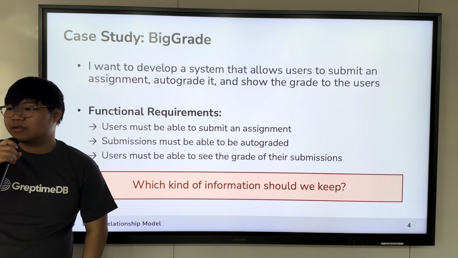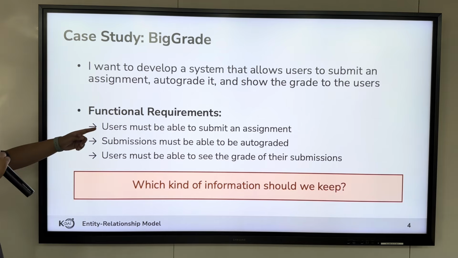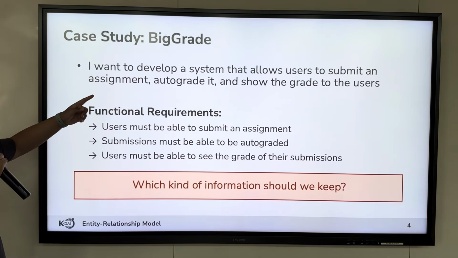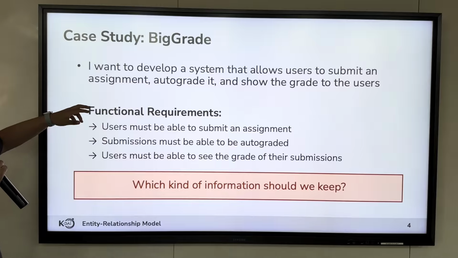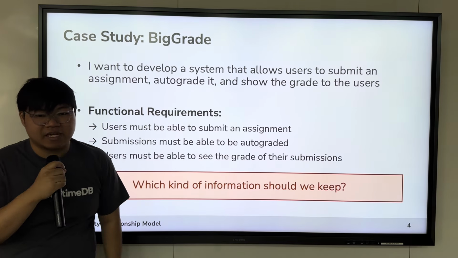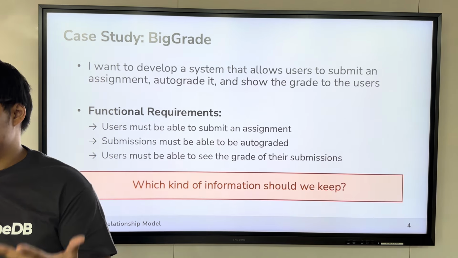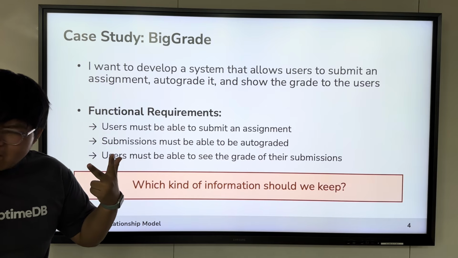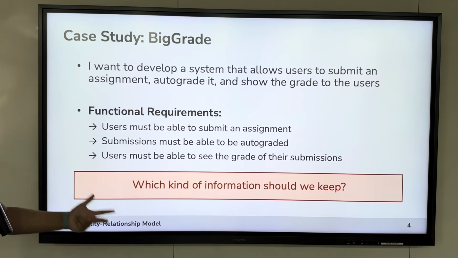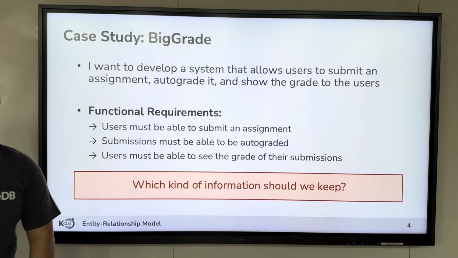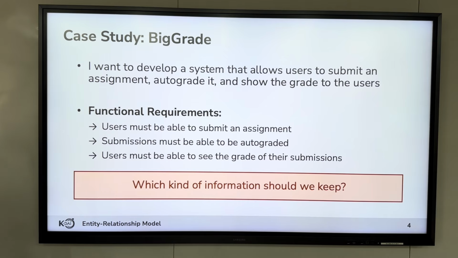Can someone tell me? Let's say I want the system to have this function: users must be able to submit an assignment. What kind of information should we keep? The system doesn't need to be software, you know.